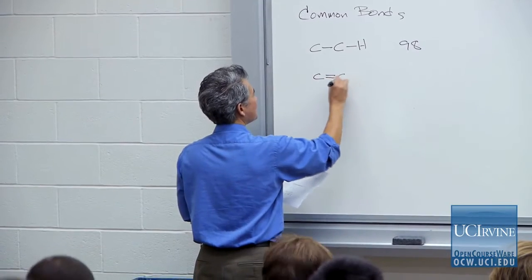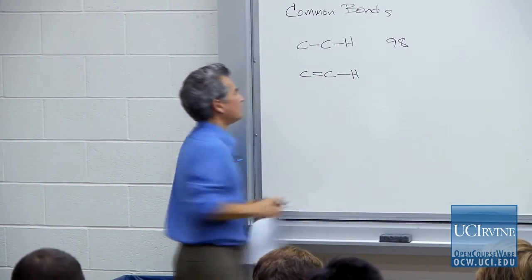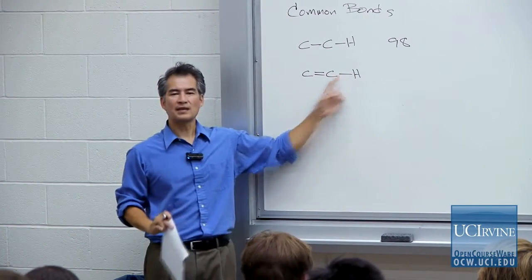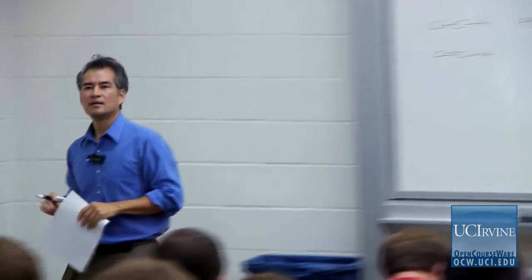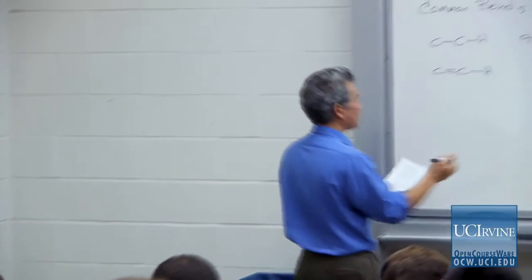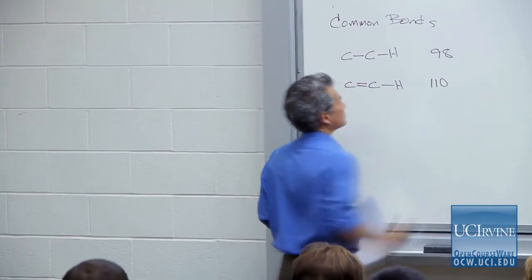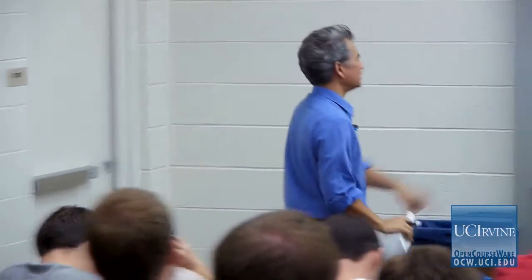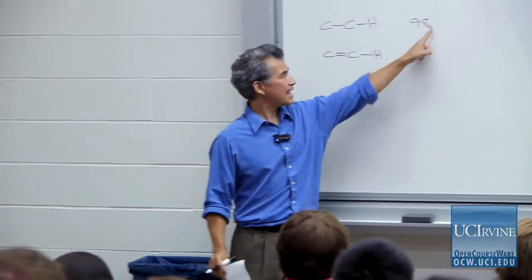But look what happens when I change the hybridization and I allow this carbon to contribute more s character to that sigma bond. It becomes more stable. That becomes a stronger bond by 12 kilocalories per mole. How many times more stable is the CH bond in this alkene?